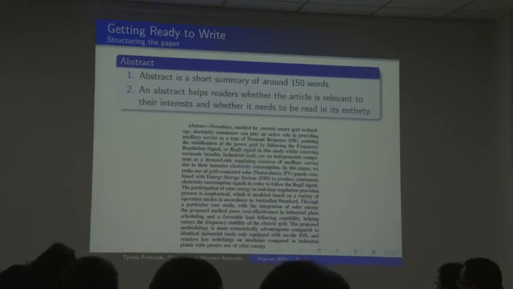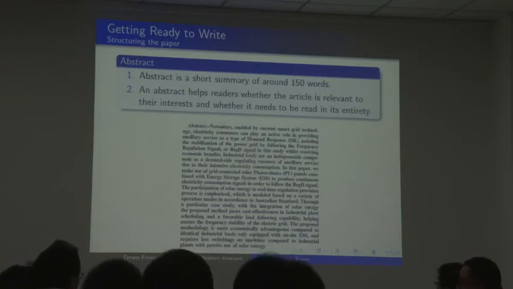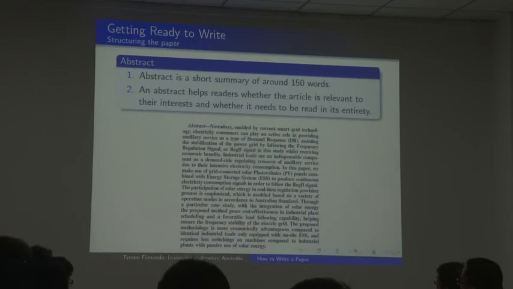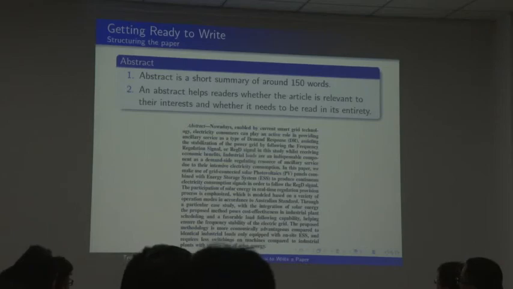The participation of solar energy in the real-time regulation provision process is emphasized, which is modeled based on a variety of operation modes in accordance with Australian standards. So I go on to actually tell what this paper is about, right? And you want to say it in a very clear, concise manner. That's the abstract.